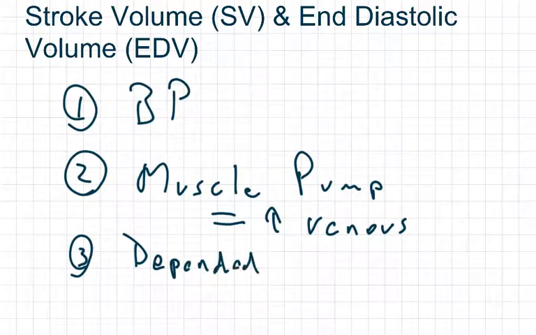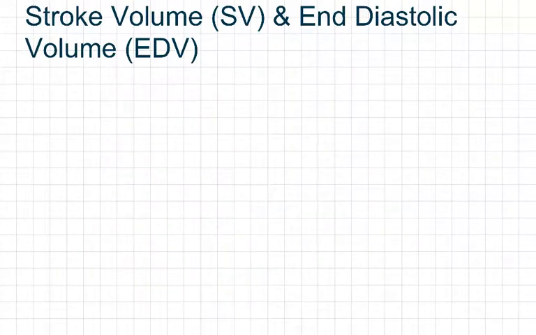So basically stroke volume and EDV are highly interdependent. We say that because there's a mechanism called the Frank-Starling mechanism.